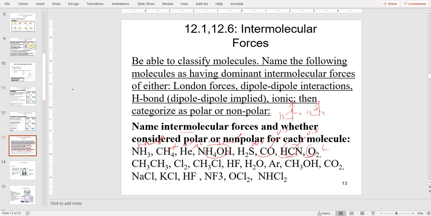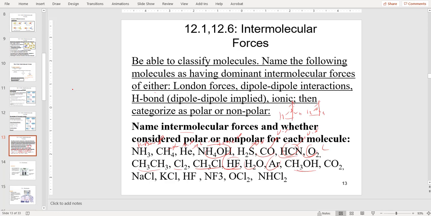I'll go and I'll speed up now. And then pure hydrocarbon, that's called ethane. That's going to be London force. 1-chloromethane, that's going to be dipole-dipole. That's going to be hydrogen bonding. Water, shocker, I'll let you figure that one out. Argon, that's going to be noble gas, so it's going to be London.